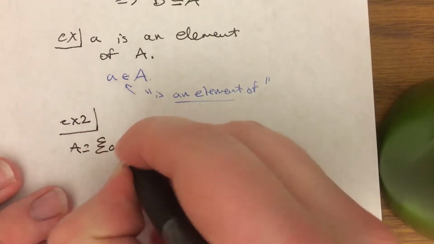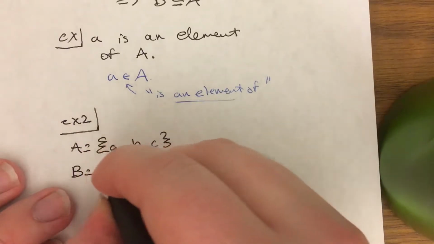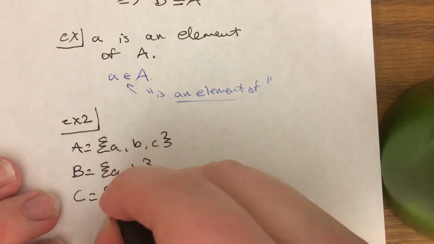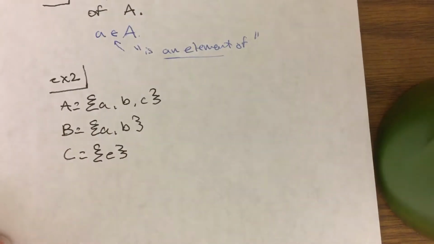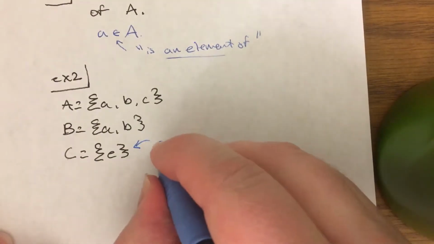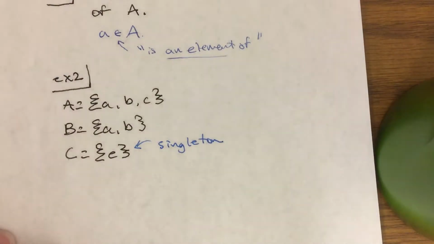Given a set A, B, C, given a set B that contains A and B, and given a set C that contains E. Talking about some notational things, there's one thing in that set, so it's called a singleton. Great.